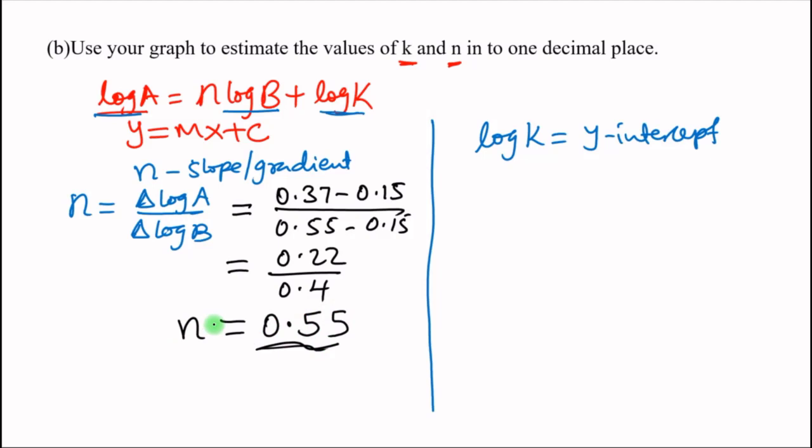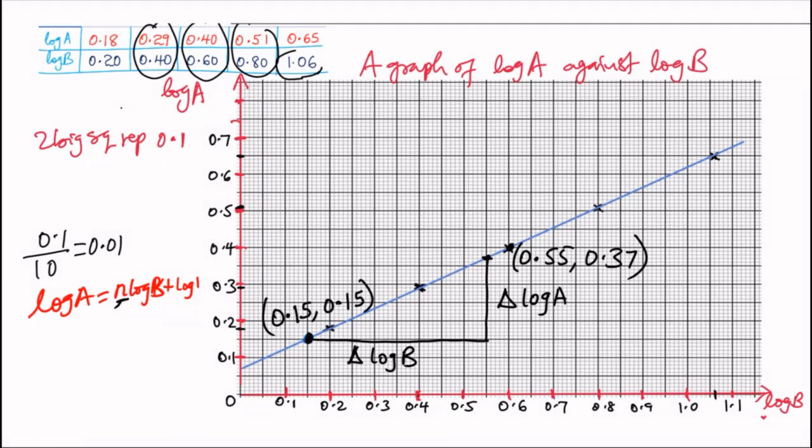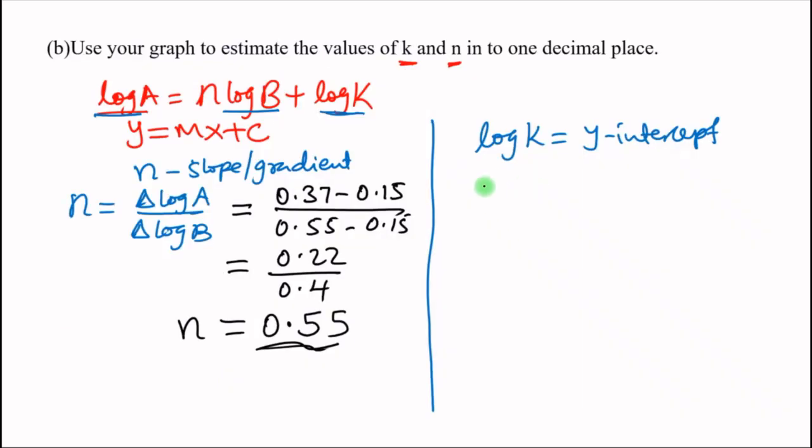Then log k, so we need to find k. Log k will be equal to the y-intercept, and in our case the y-intercept is the 7th division from 0, so that will be 0.07. So log k is equal to 0.07.